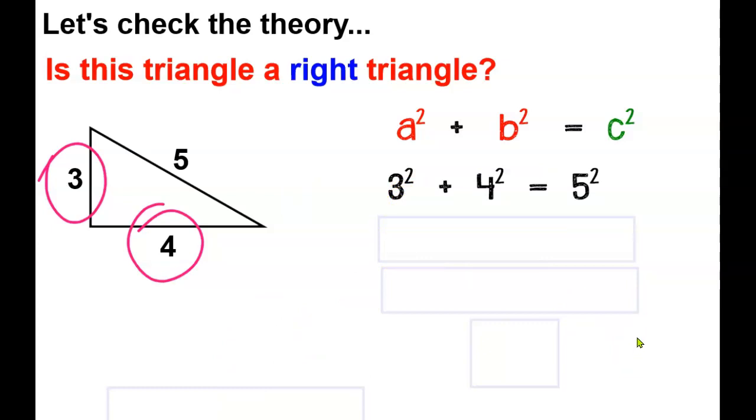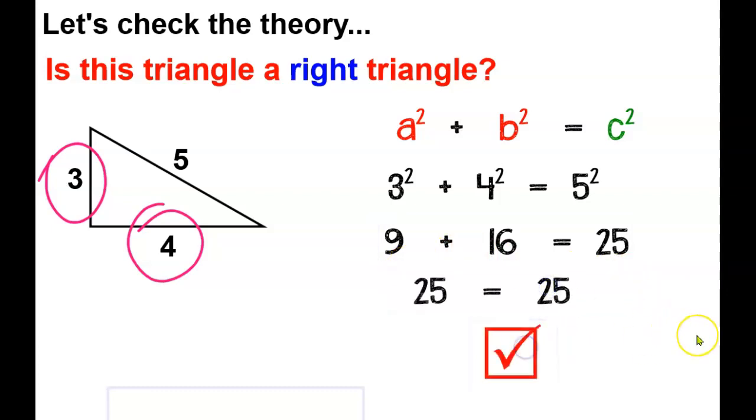Now we're going to prove that this is a right triangle. 3 squared is 9, 4 squared is 16, and 5 squared is 25. And when I add 9 and 16 together, I get a true statement. So this 3, 4, 5 triangle is a right triangle. So I would say yes, this is a right triangle.